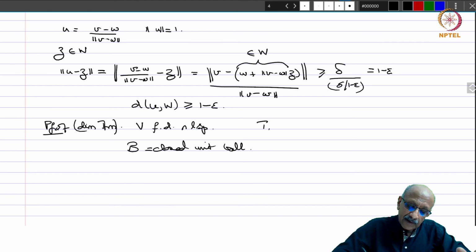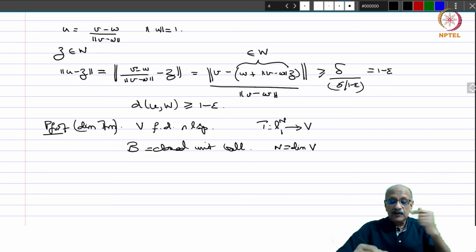Now T, let us take, is the mapping which we defined earlier, T from l^n_1 to V, where n is the dimension of V. We saw that this was an isomorphism.